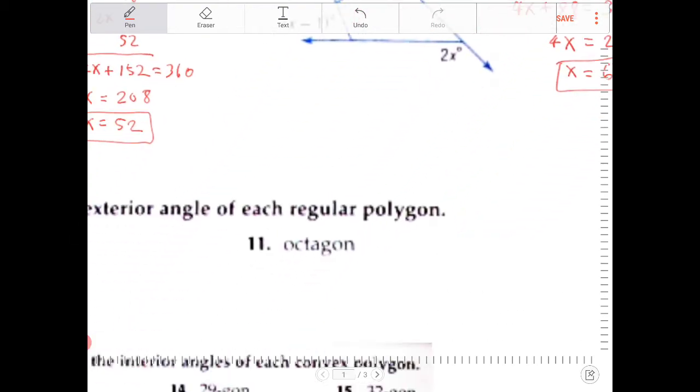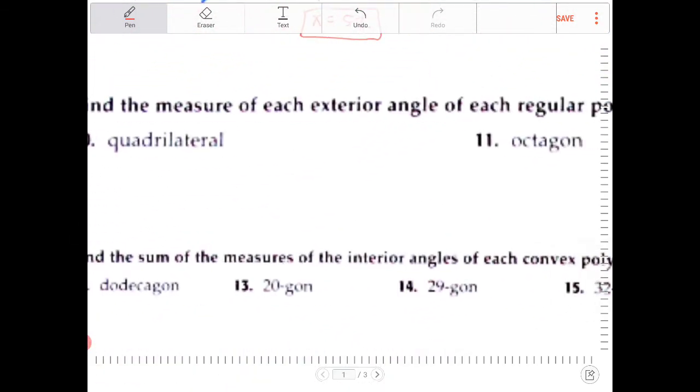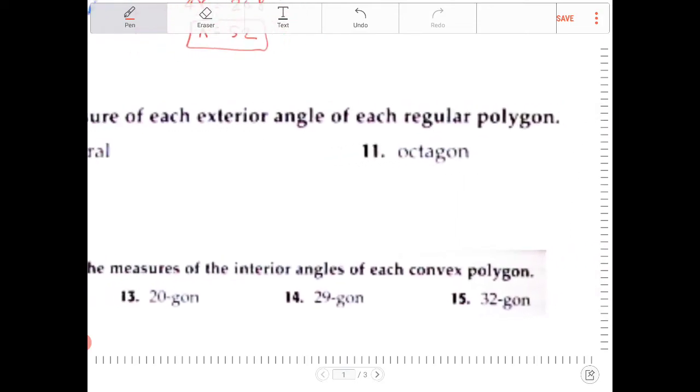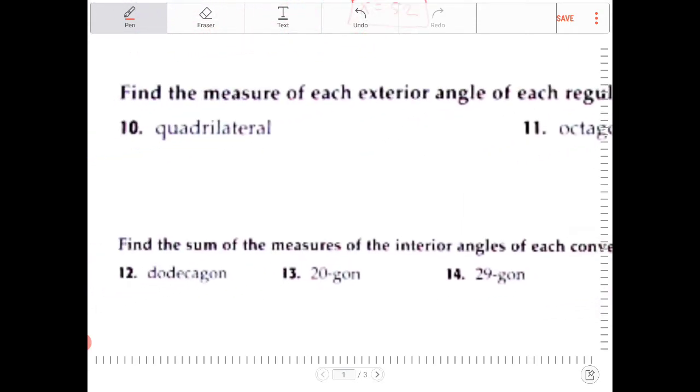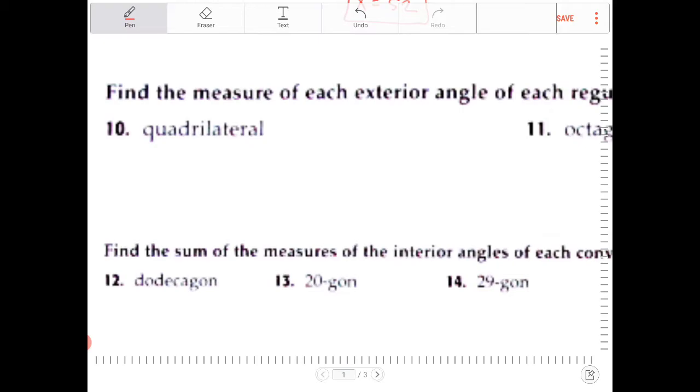Okay, moving on. Find the measure of each interior angle of each regular polygon. Since the sum of the interior angles was this, each interior angle is that divided by n, which results from this formula here.